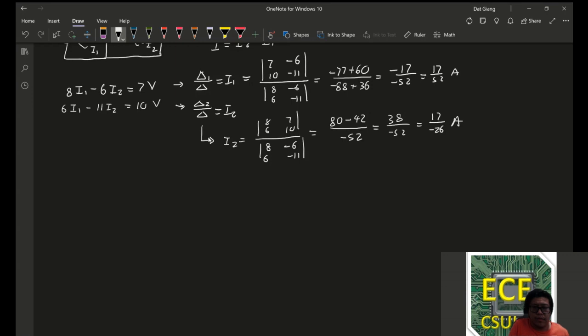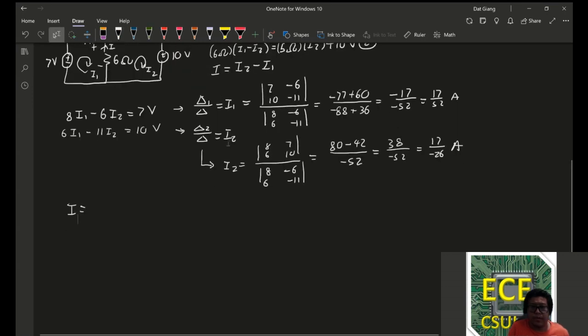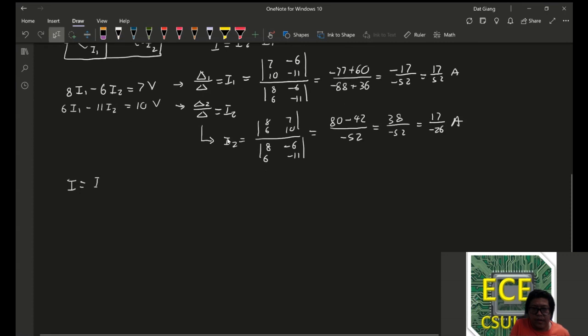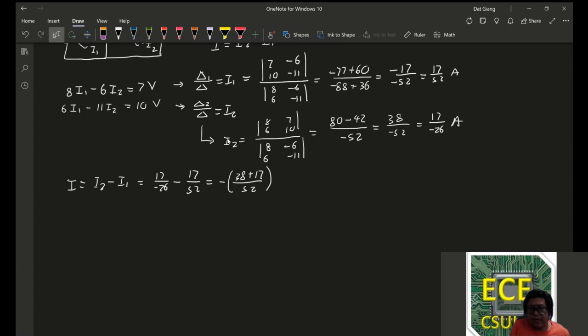amps. With this knowledge, we have I now being equal to I2 minus I1, or 17 over 26 minus 17 over 52. Now this one is just the same as negative, and then we have 38 plus 17 divided by 52.